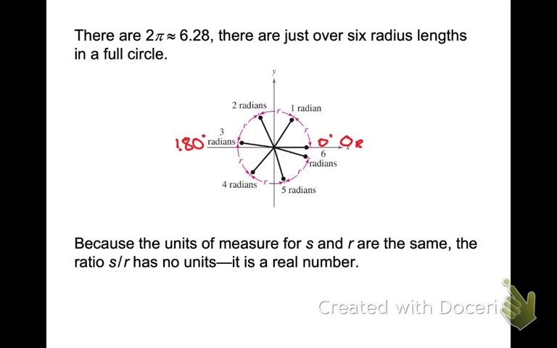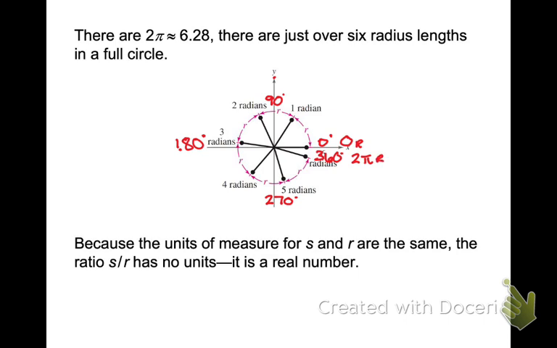How many degrees is right here? 90, right? What about the bottom? 270, right? And if I come all the way around, isn't this 360 degrees? Well, if we go all the way around, it's also 2 pi radians, isn't it?